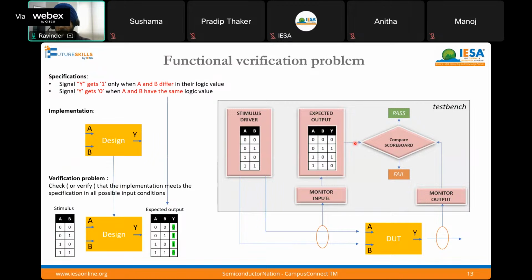We feed the expected output and the actual output of the design to a comparator, which in verification parlance is called a scoreboard. If the comparison passes, it's a pass, else it's a fail. This is how the same simple concept is implemented in verification.